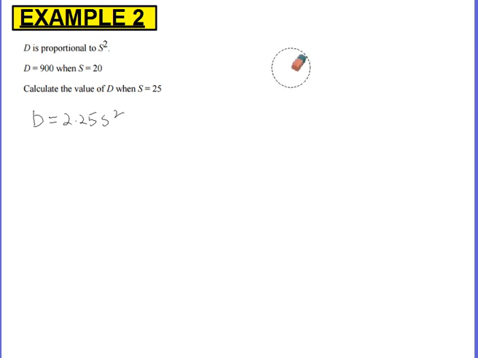So we want to find the value of D when S is 25, so we write down 2.25 times 25 squared, which is 1406.25, and we don't know any units, so we can leave it like that.